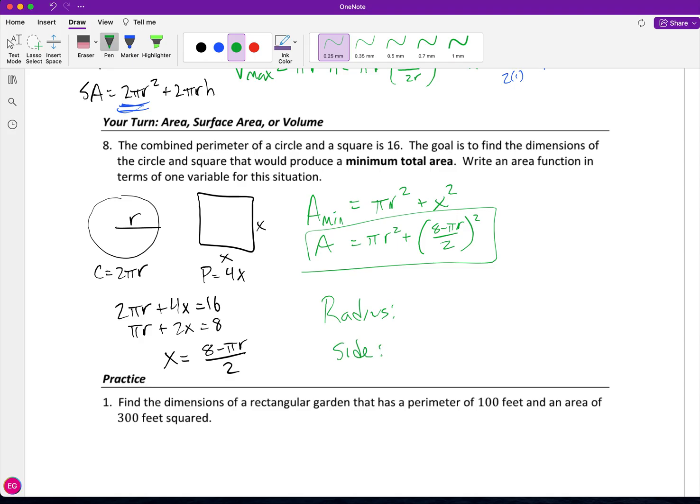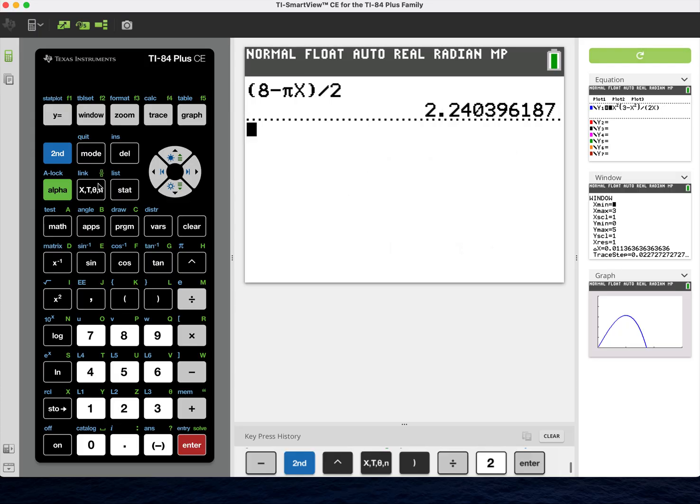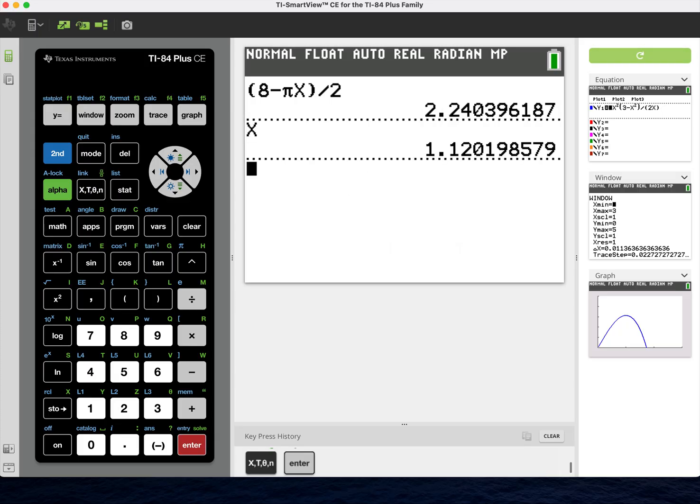So what I think the answer should be, according to my answer key, was 1.556 units and 1.556 units for both of them. If we're going off of what I got for whatever reason here, 1.120 for the radius, and then 2.24 for the side length.